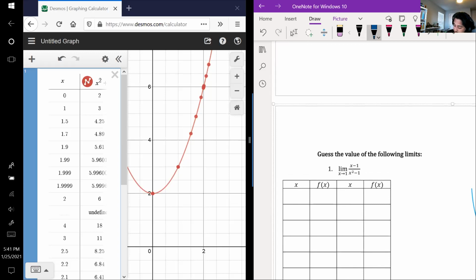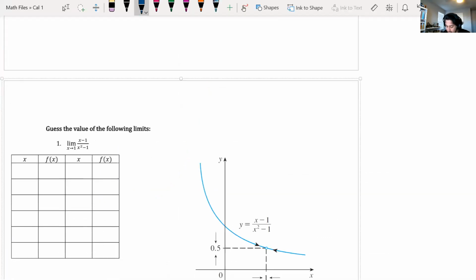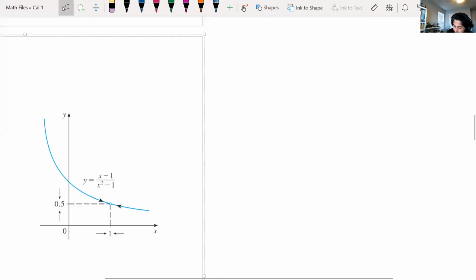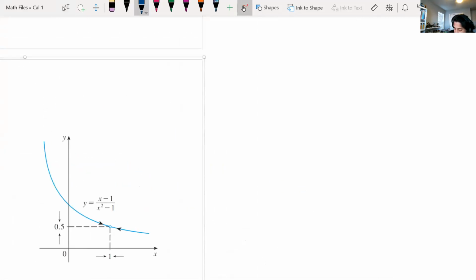Found it. Yeah. So for your TI-30XS, let me see. I'm going to zoom that. I'll do some calculator instructions over here. Oops. Undo. There we go. So for a TI-30XS, you are going to click on table.